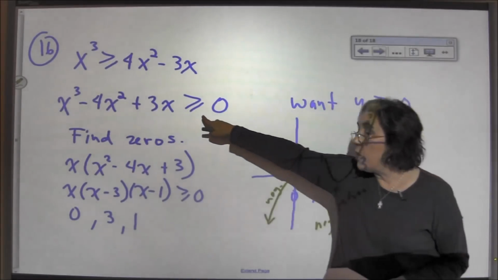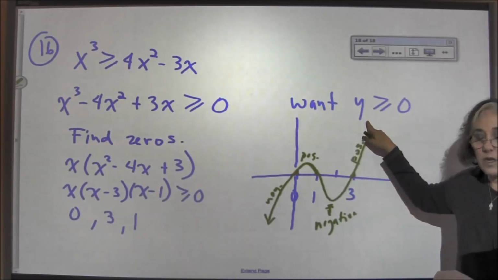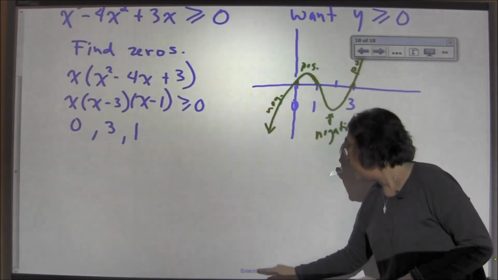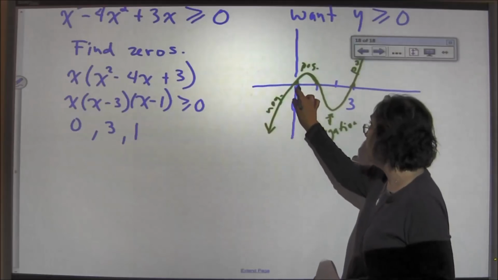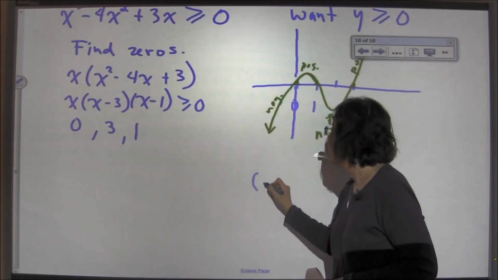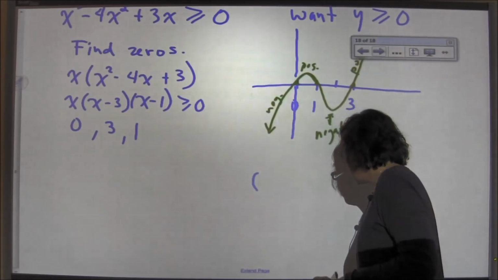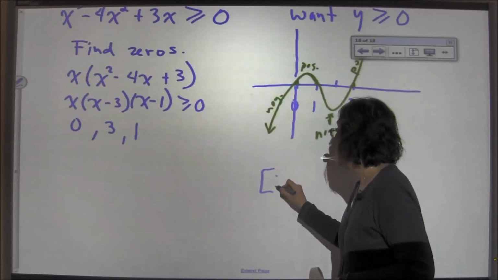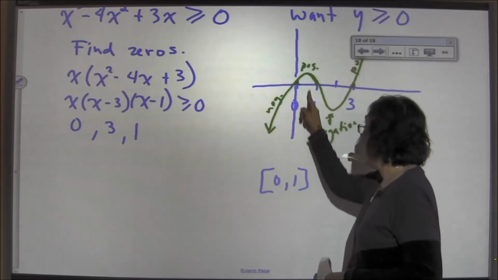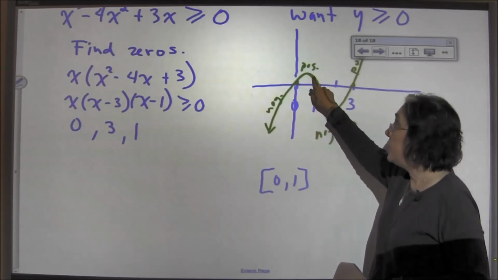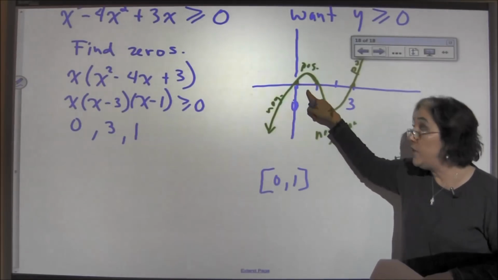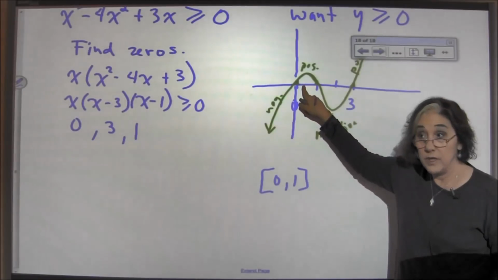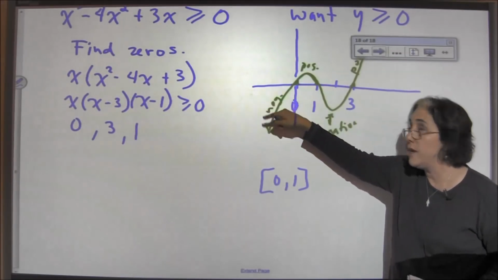We were looking for positive. So the solution is the x interval from 0 to 1. We did have an equals, so I need to put a bracket because the zeros are included. So 0 to 1, all of those x values are producing positive y's. If you plug in 0.5, if you test it, you should get a positive number.